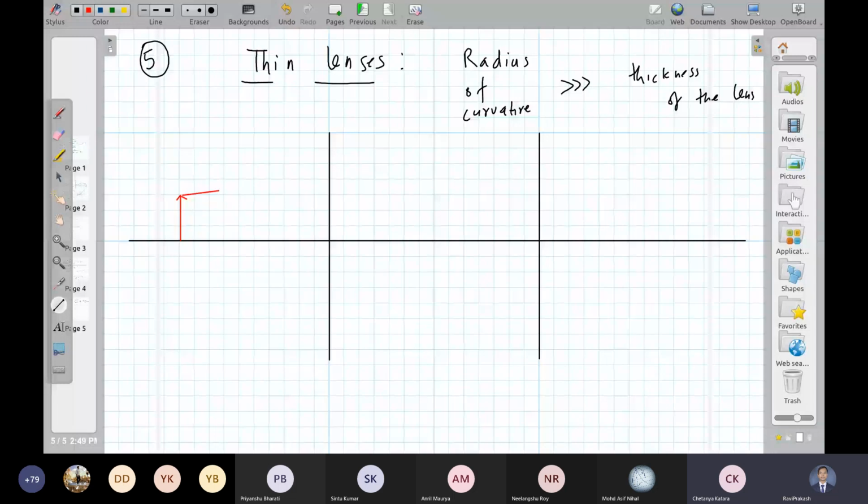It is going in some direction. It strikes the first lens, then it changes direction. Then again it strikes the second lens. It again changes direction, and we may get the image here. This is the position of the image we finally get.